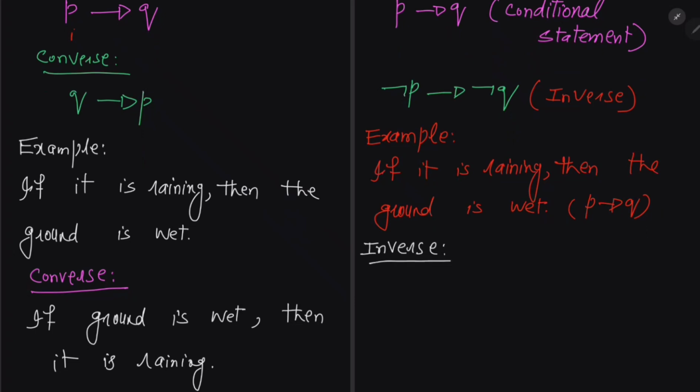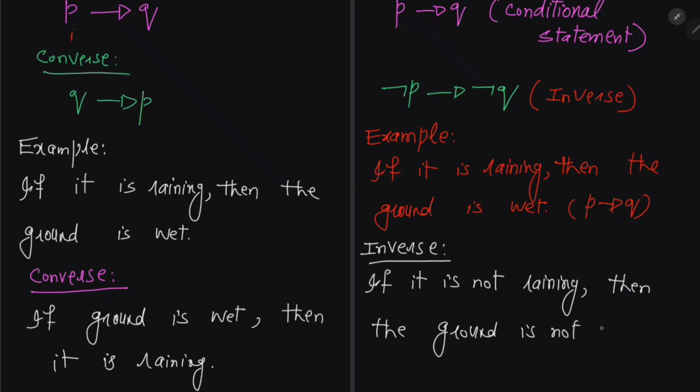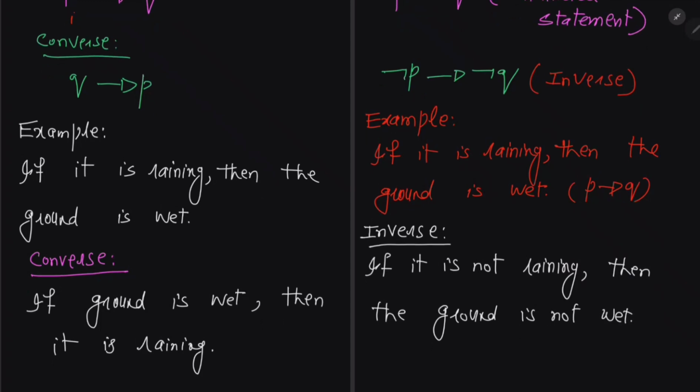If it is not raining, then the ground is not wet. The inverse statement might not be true.